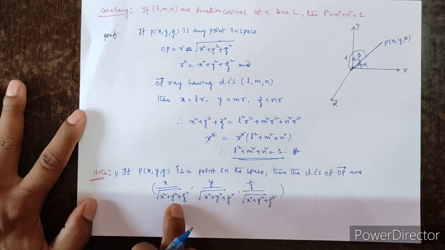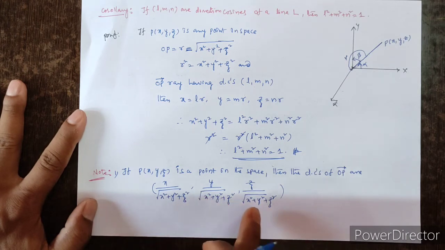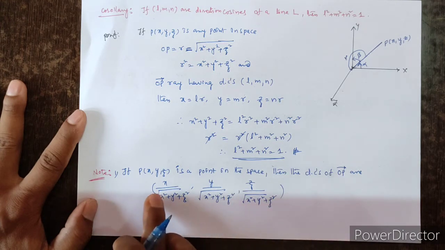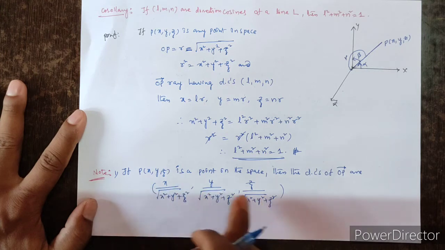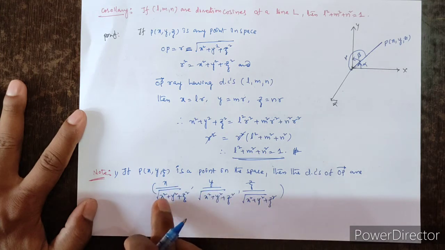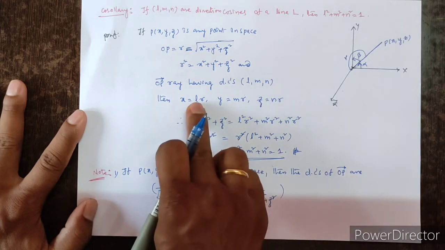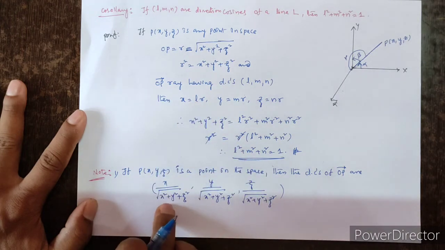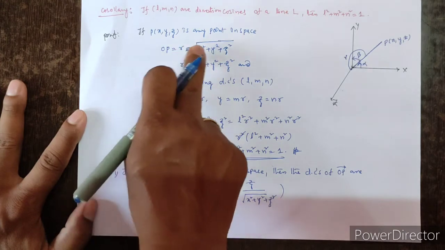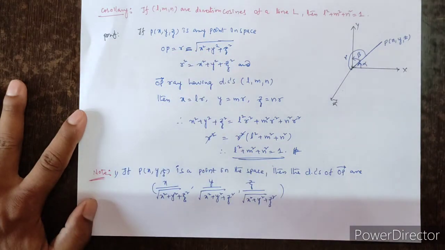X by root of x square plus y square plus z square, y by root of x square plus y square plus z square, z by root of x square plus y square plus z square. Already we have known l, m, n are direction cosines. l equal to x by r, where r is nothing but root of x square plus y square plus z square.